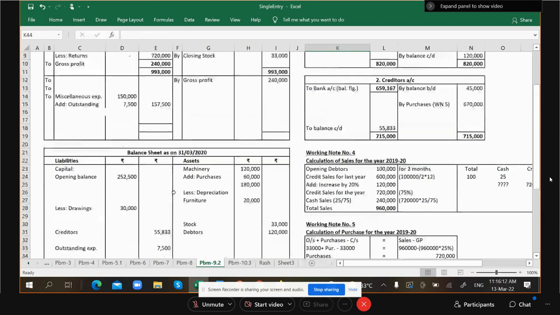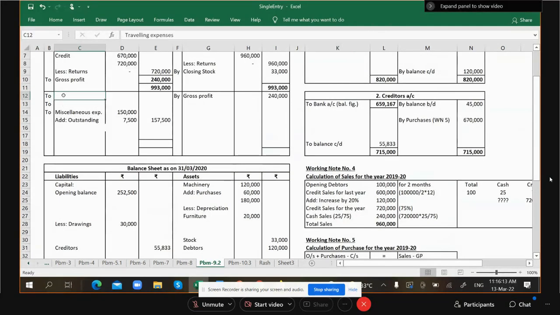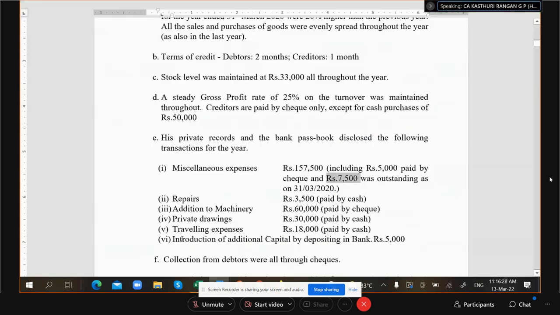So repair and traveling expense should be taken to P&L. To traveling expense, outer column 18,000. To repair, outer column 35,000. So recorded everything, is it not?